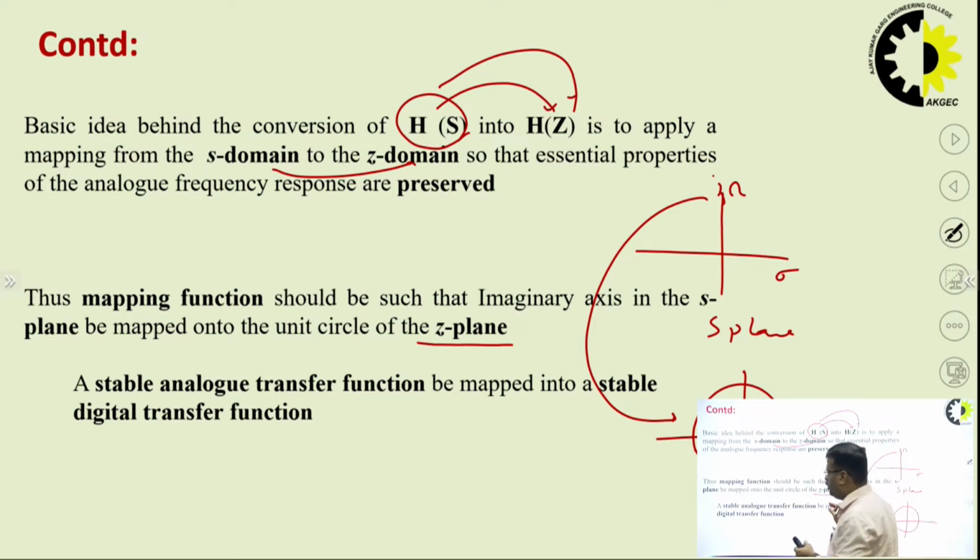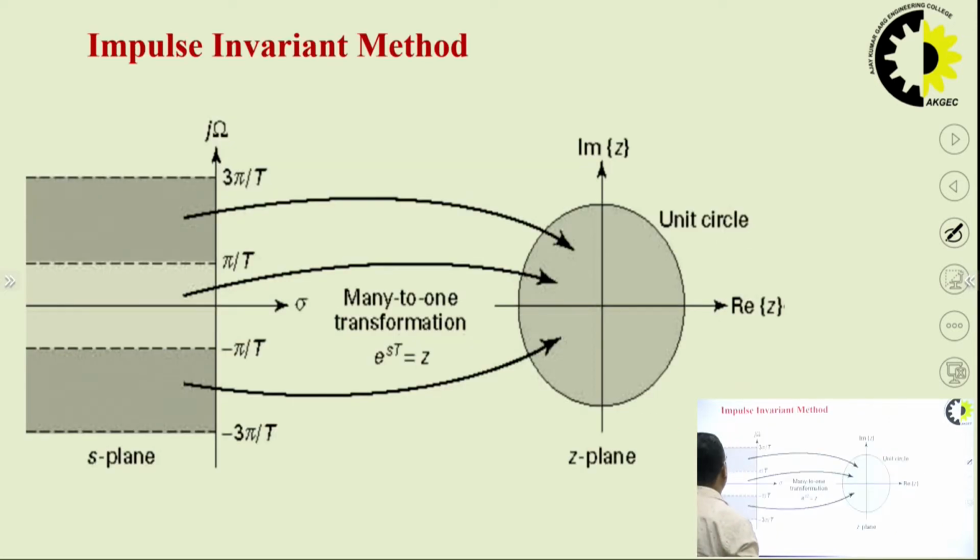So, H of S that is already stable, you have to map into the stable H of Z. That is our objective. So, generally what we are doing? We have to convert S domain quantities into Z domain quantities. Now, we come to our main title, that is the impulse invariant method.